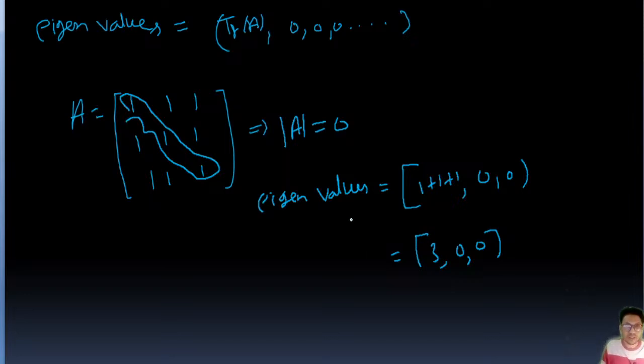And similarly, the next example is, we have a matrix A as 1 2 3, 2 4 6, 3 6 9.